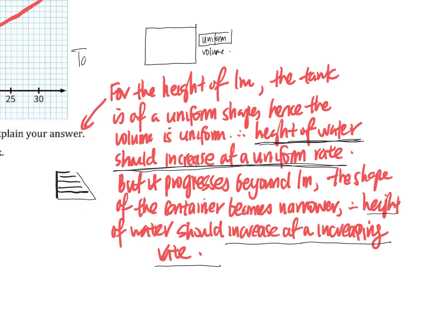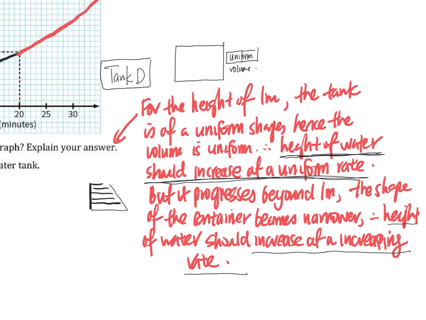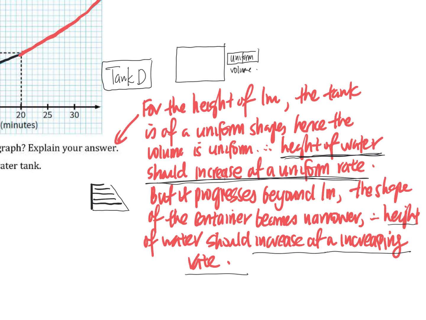Tank C, tank D. So the idea is for you to recognize and then let them know that you know that this tank is increasing uniformly, then increasing at an increasing rate.